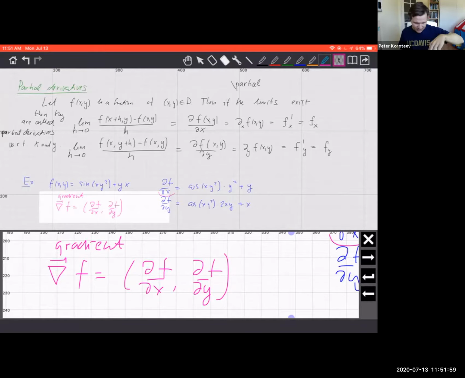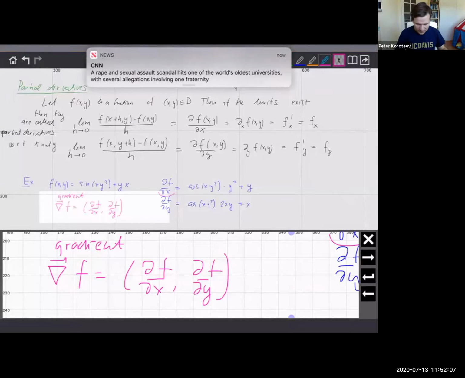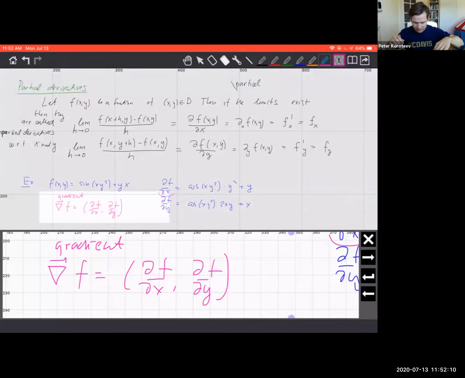So this vector shows you the direction of the most rapid change of the function. If you have, say, a valley or a slope, then this gradient will be the largest in absolute value where the drop of the height changes the most.